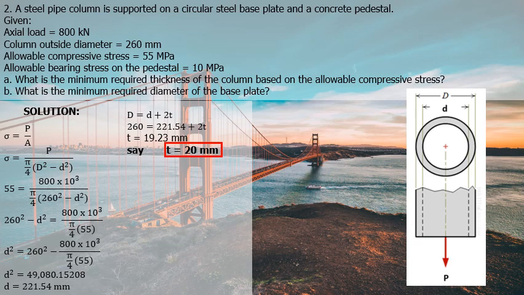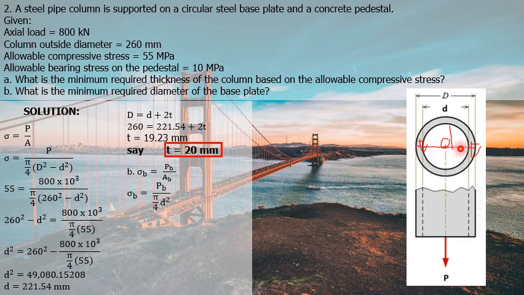I hope you did. So this is the inside diameter, and this is the thickness. That is why, again, outside diameter is equal to inside diameter plus twice the thickness, as shown in this illustration.